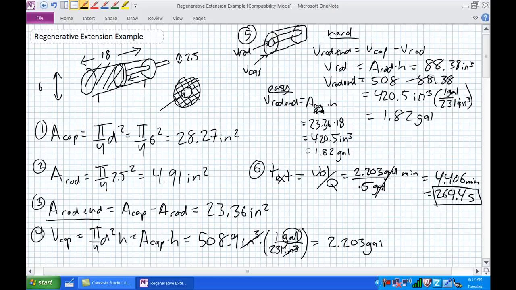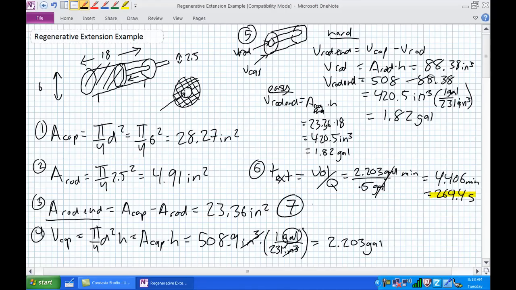Look how long it takes to extend that thing. So no wonder we want to go ahead and move ourselves to a regenerative extension system. Okay, so keep this number in mind right here, 264.4. And we're going to go ahead and see how a regenerative extension might save us some time.